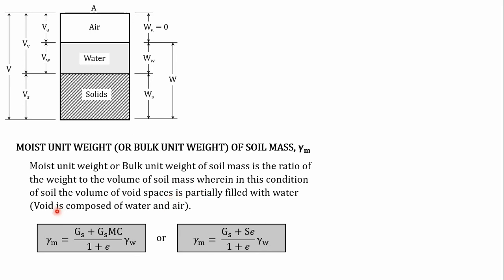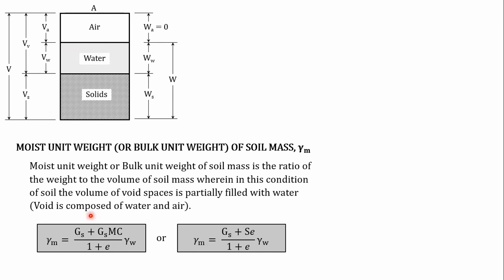Meaning, the void spaces are composed of water and air. When we say moist, the voids are composed of air and water. That represents the moist unit weight of a soil mass.